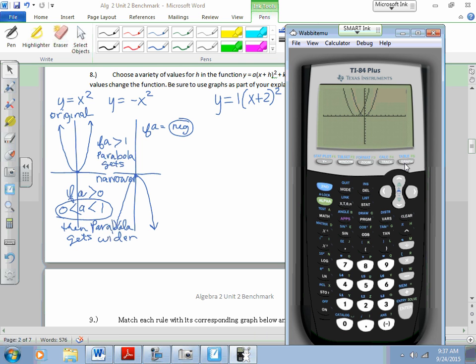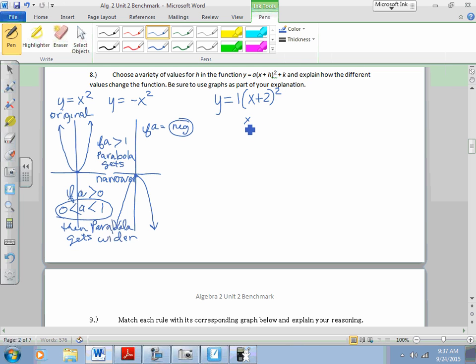All right, does everybody understand which one is the original? Right at the origin. Okay. What happened when I did x plus 2? Moved it to the left. What do you think would have happened had I done x minus 2? It would have moved to the right. You notice that's the opposite of the plus 2? And here's why. It's because you got to let x plus 2 equal 0.